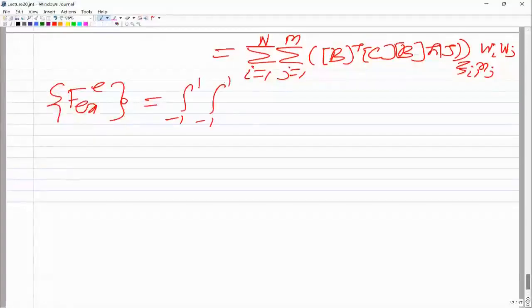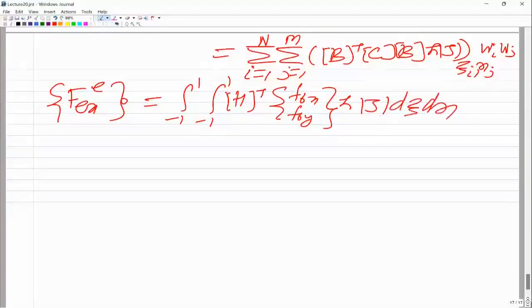Similarly, the F external would be equal to the integration from -1 to +1, integration from -1 to +1, of H transpose times FBx, FBy, these body forces, into determinant of J into d xi into d eta. Ideally you could use a different number of Gauss points for this.